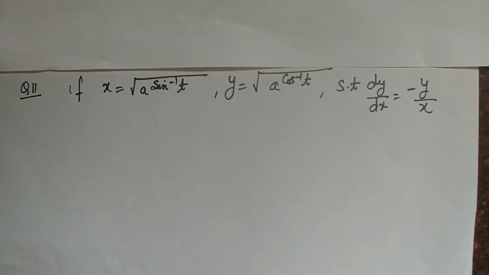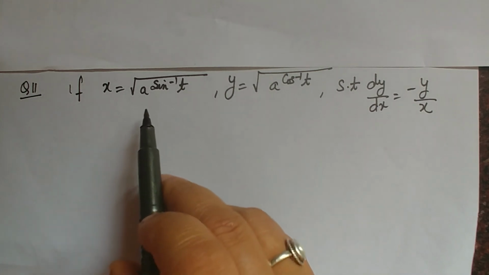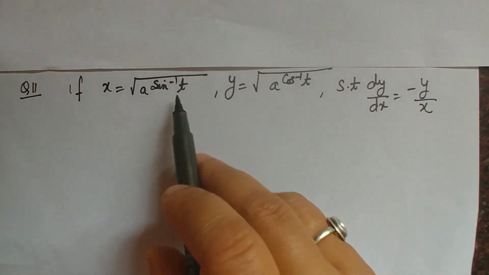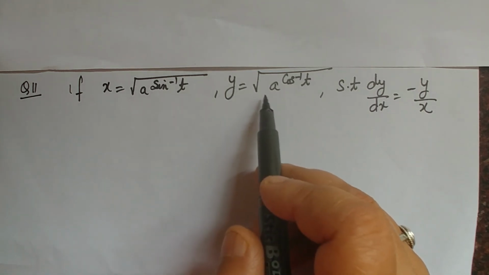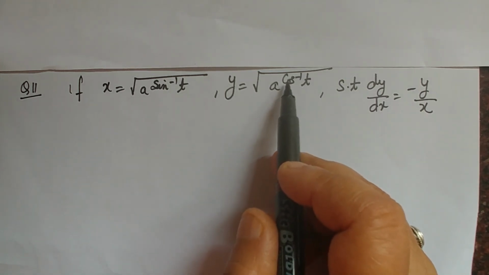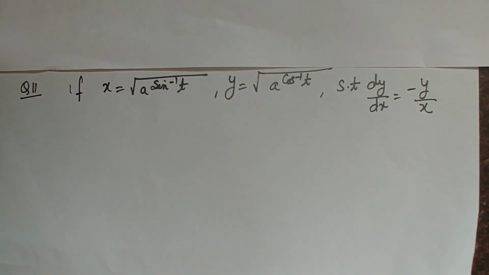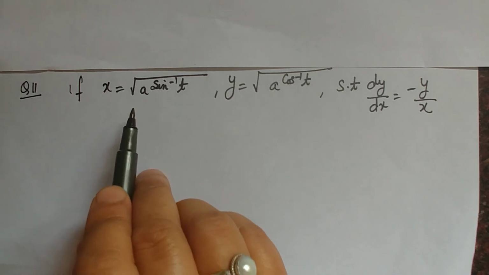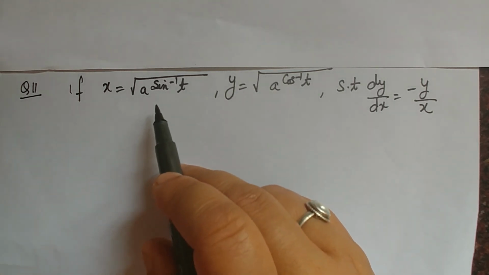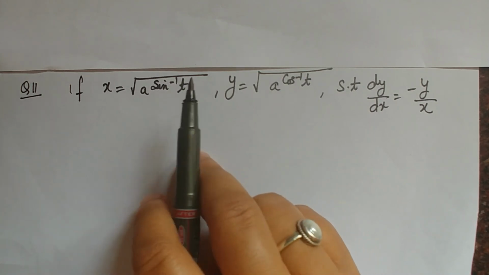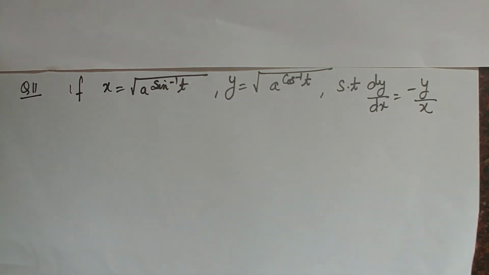Question number 11 is x is equal to root a raised to power sin inverse t, y is equal to root a raised to power cos inverse t. Show that dy by dx is equal to minus y upon x. Now if I have to apply the power rules and the function raised to power function rules, this question is going to be a very big one.